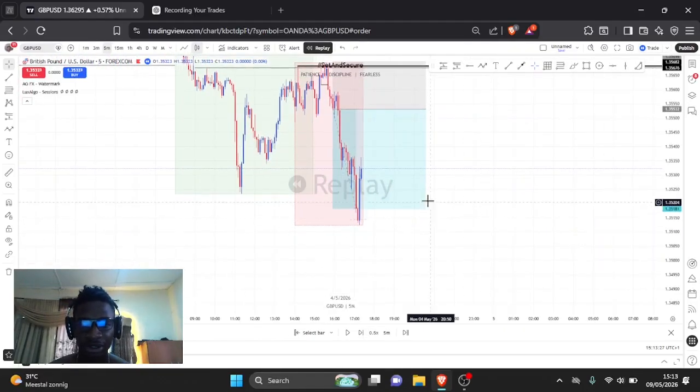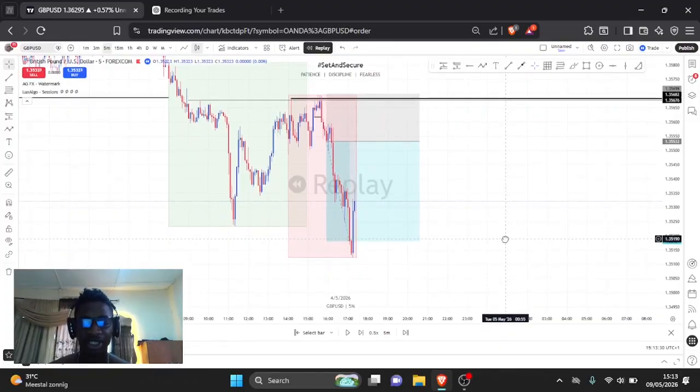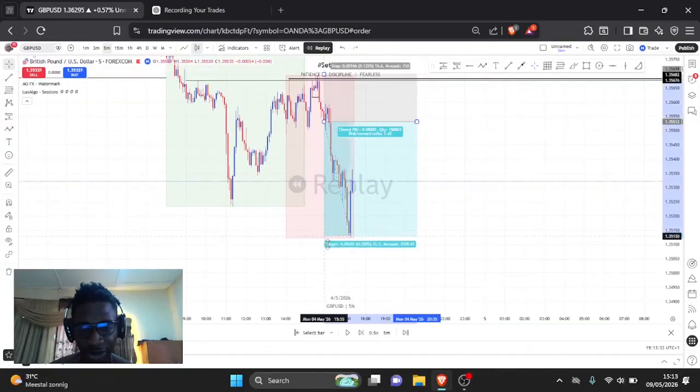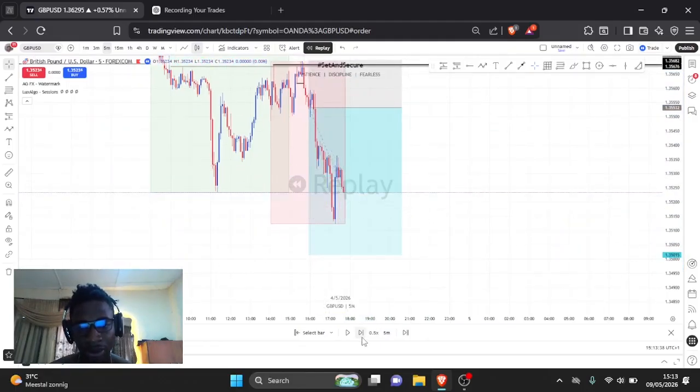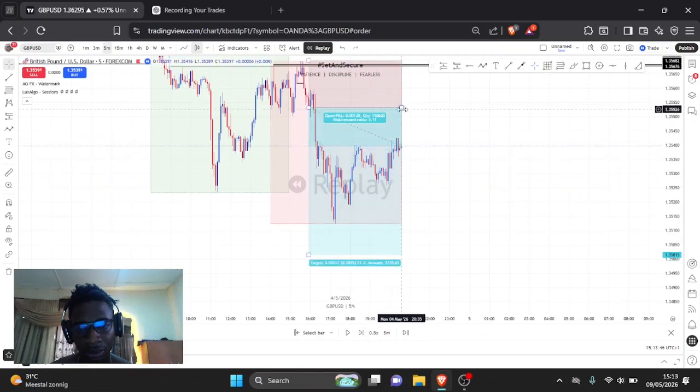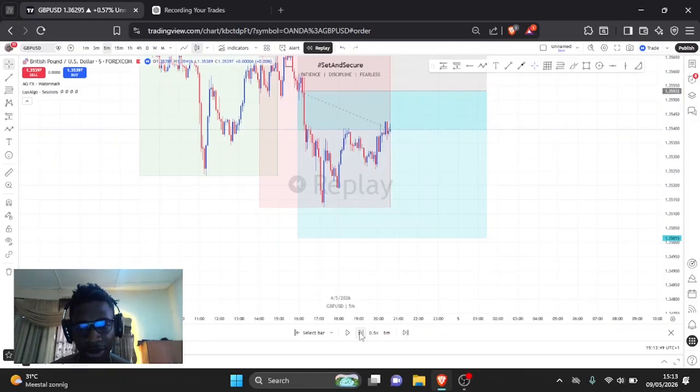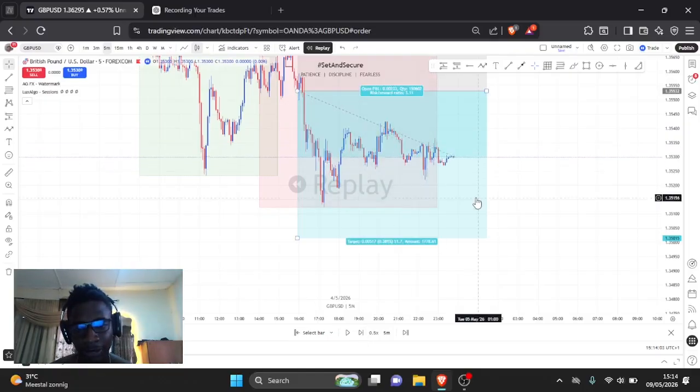And as you can see, 2 to 1 got hit, and if I decide to wait for 3 to 1 or so, 2 to 1 got hit, so let's say about 3 to 1. The next session has started during this period.